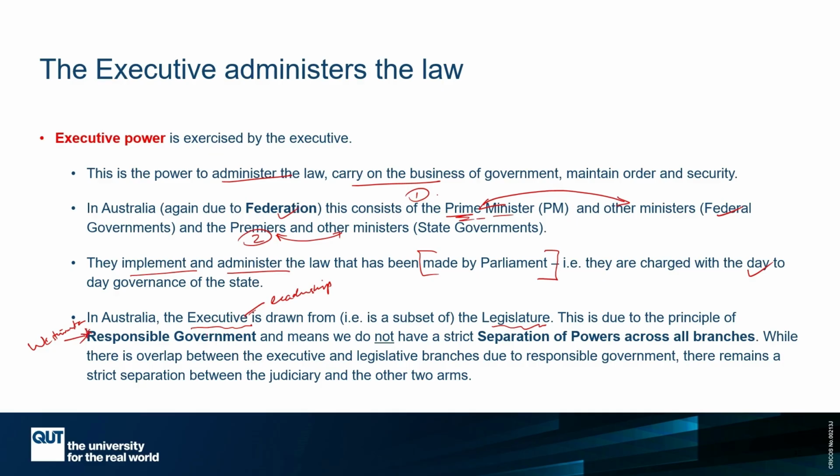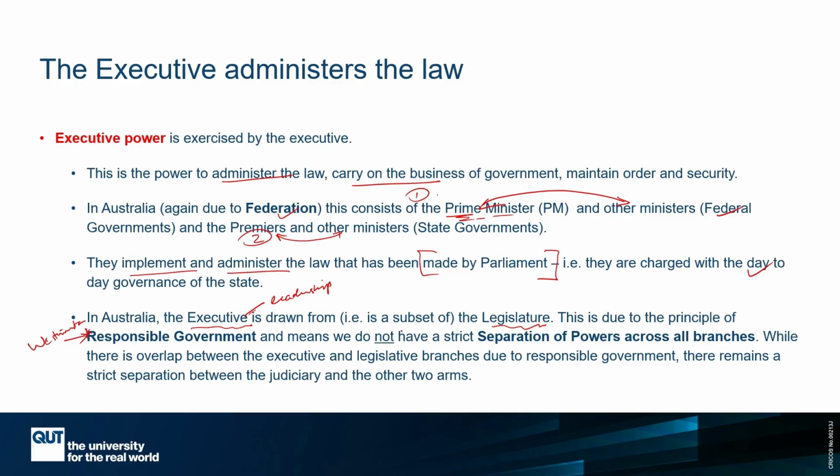What it's really saying is the people in charge of administering the law should also have to report back to the citizens. To do that, we make sure that they come from our legislature, from the Parliament, so that they have to go back into the Parliament and answer questions from all of our elected representatives. So that's the advantage. We get increased accountability because of that structure.